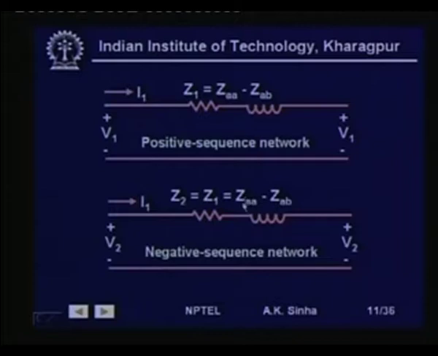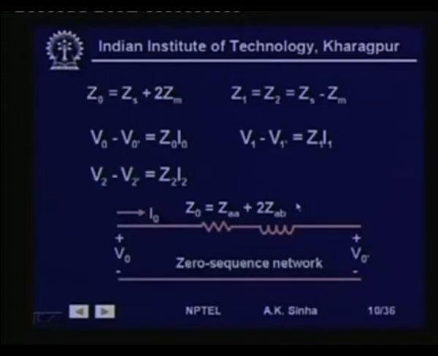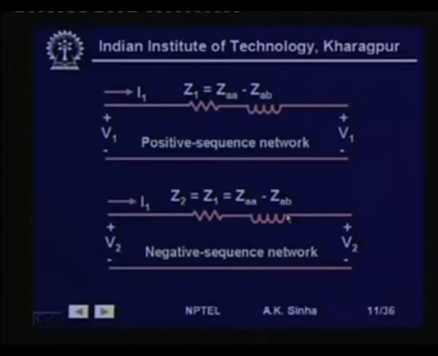So, this should again be Zs minus Zm as shown here. Z1 is equal to Z2 is equal to Zs minus Zm, and Z0 will be equal to Zs plus twice Zm. So, this is how we build the sequence network model for the transmission line, which consists of series impedances Z0, Z1 and Z2, and the three networks are independent of each other. These are passive networks.